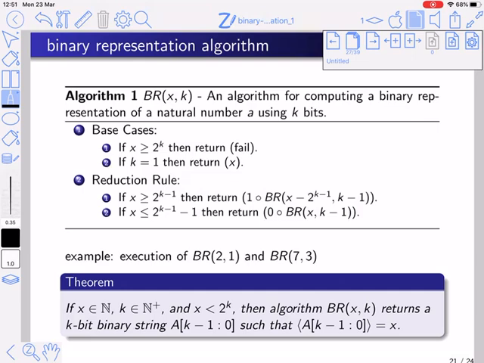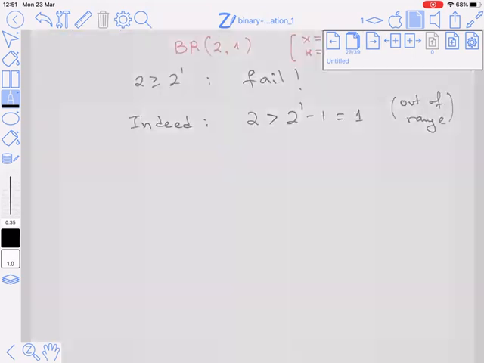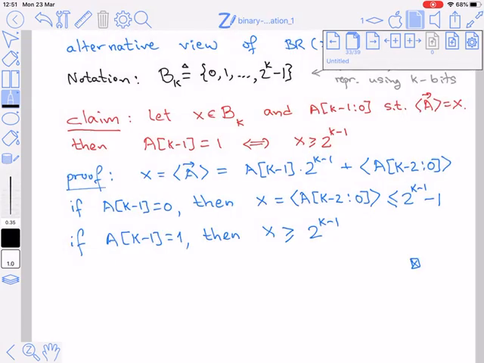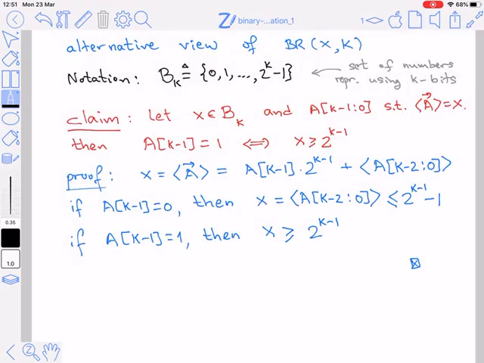I want to present an alternative view or interpretation of the binary representation algorithm. Let me denote by bk the set 0, 1, 2 up to 2 to the power of k minus 1. Recall that this is exactly the set of numbers that is representable using k bits in binary representation.